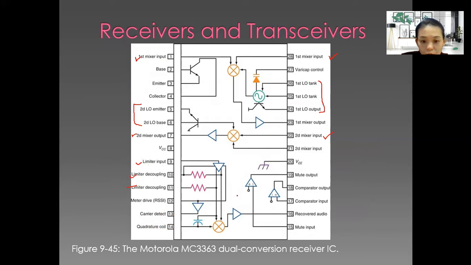The squelch circuit or muting circuit is this part. This one is our limiter. This part is our local oscillator, and we also have the control, the mixer, and this part is for our amplifier. Okay, so this is everything inside an IC.